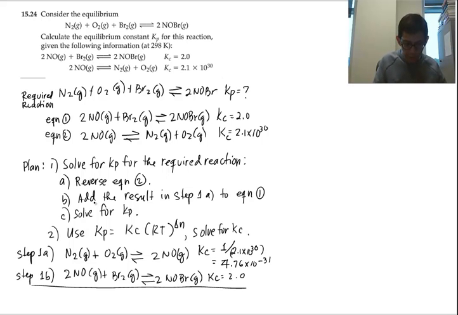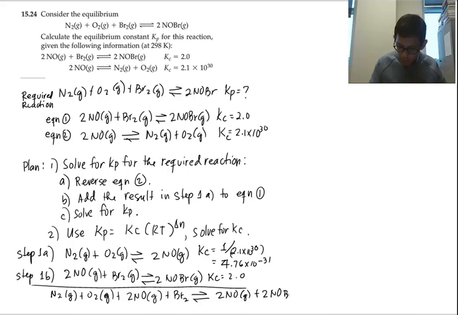Okay, so we need to add these two equations. So we have the terms on the left side, N2 plus O2 plus 2NO plus Br2, and the terms on the right side are 2NO plus 2NOBr.